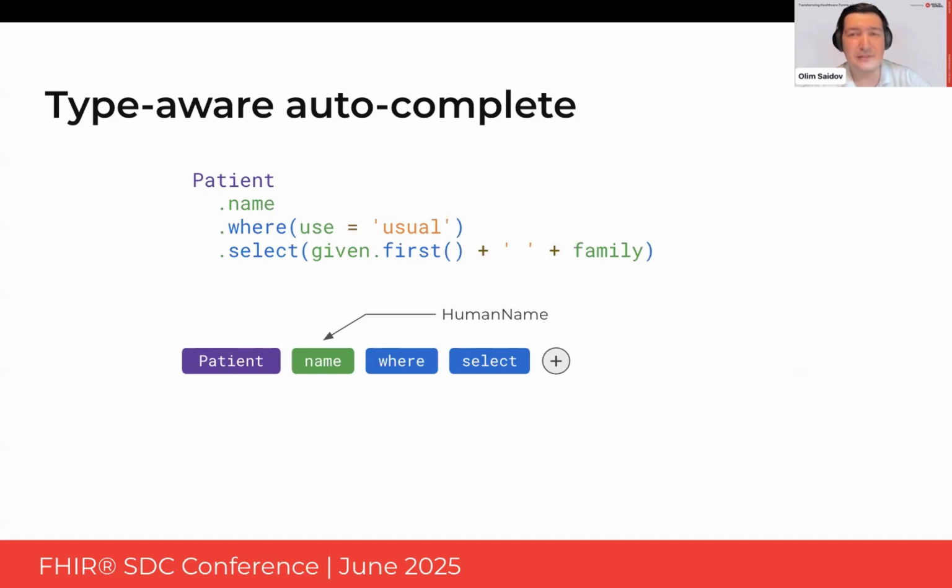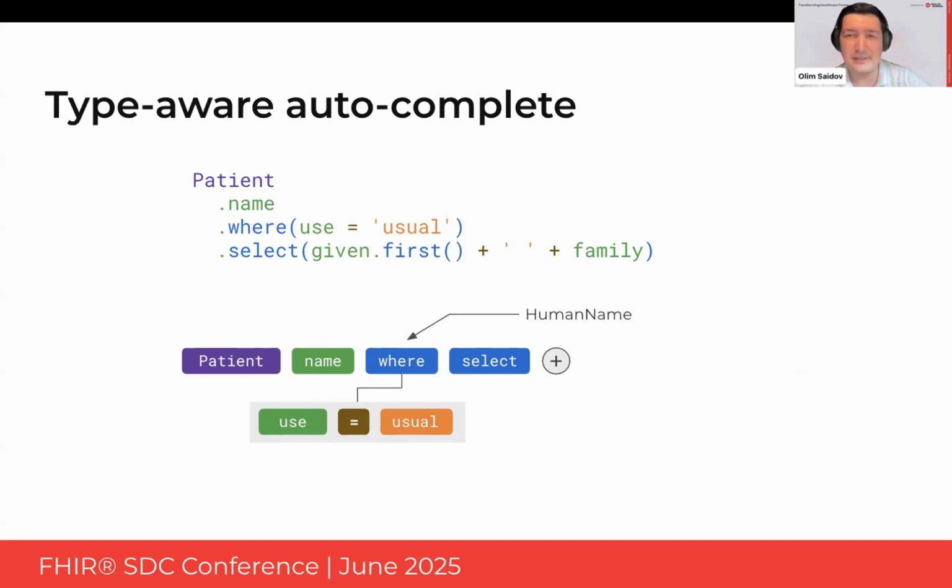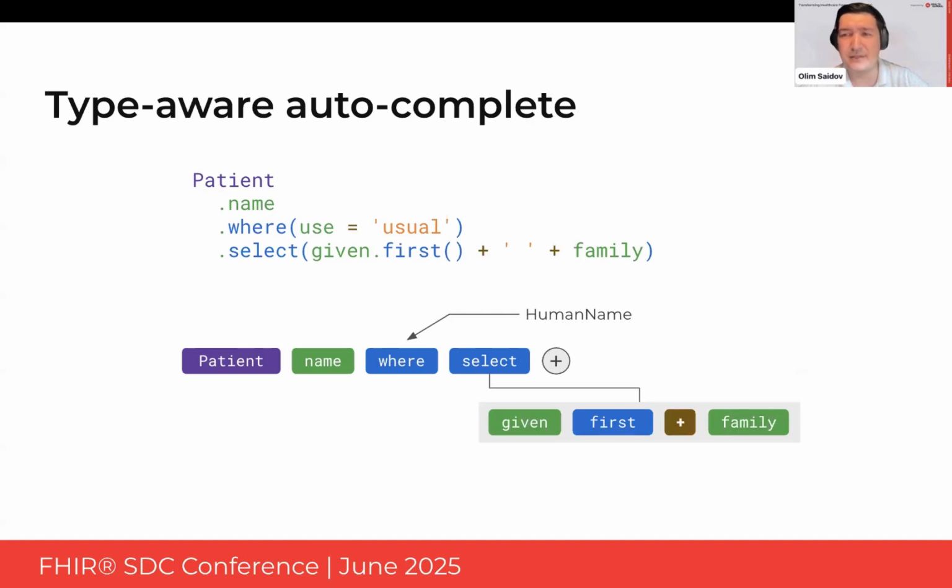But when we filter it with where, we're still working with human name inside the argument. So the where function returns the same type, collection of human name, and then select transforms our type to whatever we return from the argument. So in this case, it's a concatenation of two string values, which is a string.